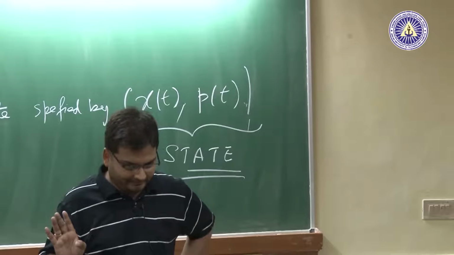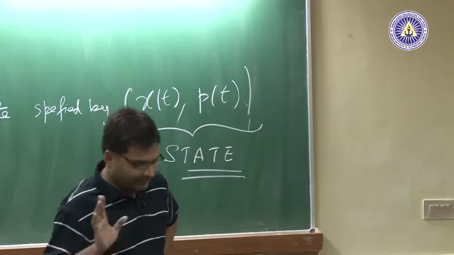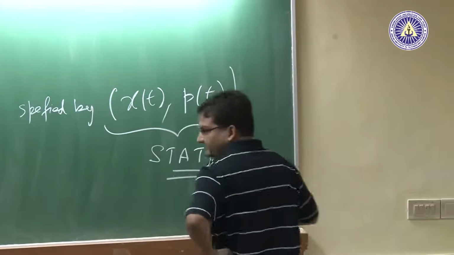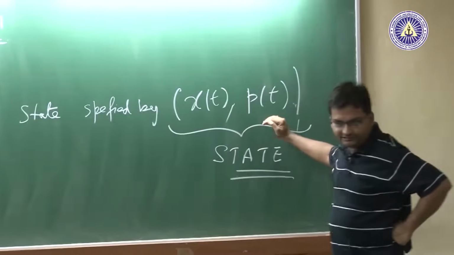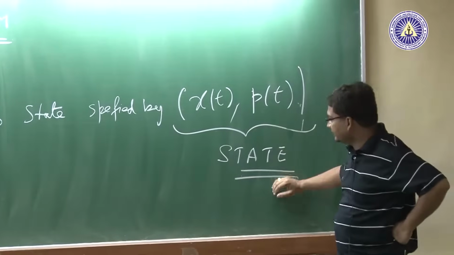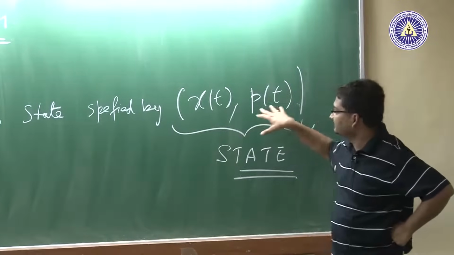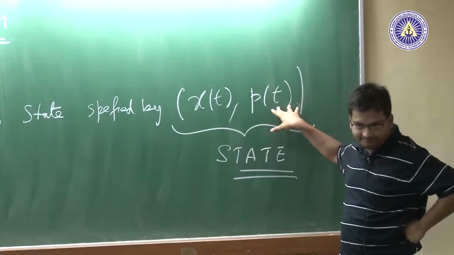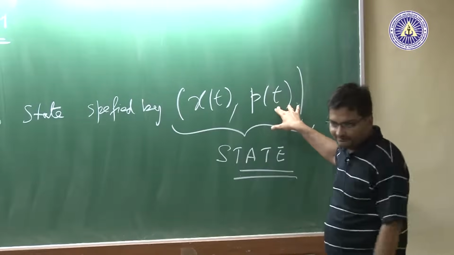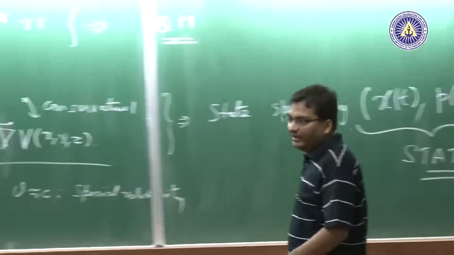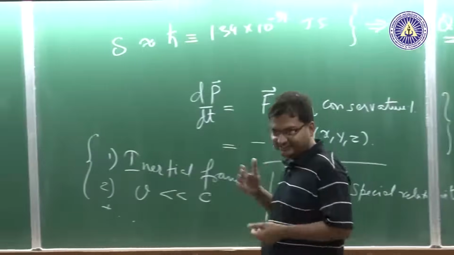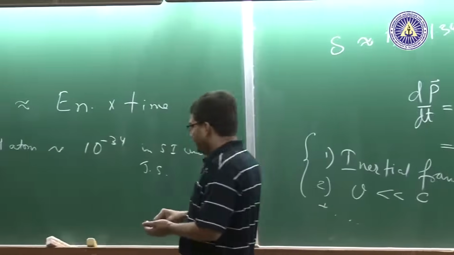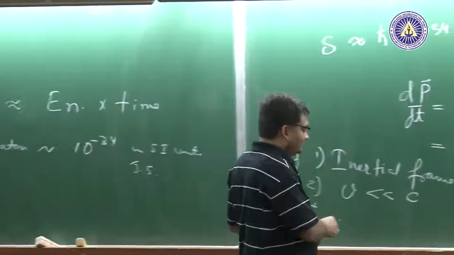Now, that is in conflict with our way of thinking, where the state of the system we need to define in terms of x and p. So I need a new way to describe the state of the system. That of course is the need of the hour.